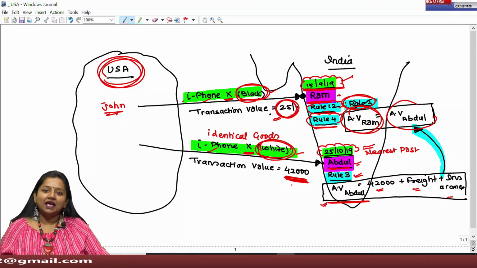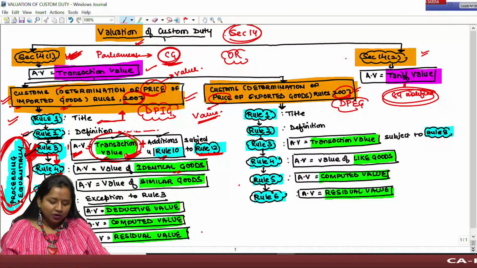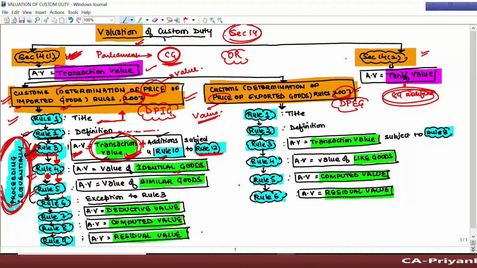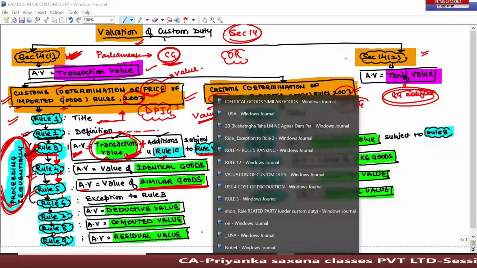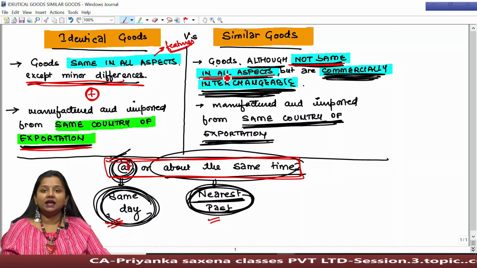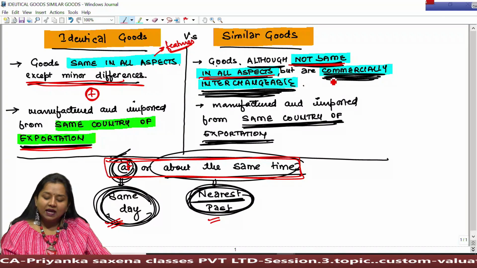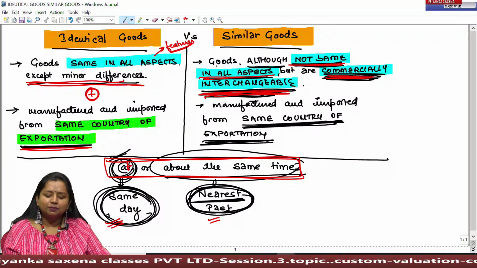But what if Ram is importing iPhone X in India for the first time, that is, no such identical goods have been imported in India as of now? Then, by proceeding sequentially, we shall move forward to Rule 5, which says that if identical goods do not exist, then you can consider the value of similar goods as your assessable value, where similar goods means goods which, although not the same in all aspects, that is, whose features are not all the same, are commercially interchangeable.